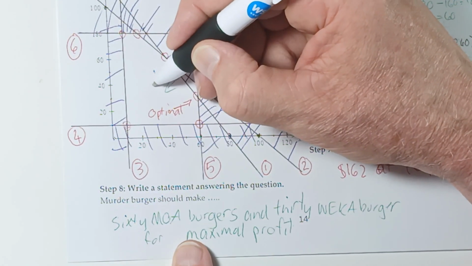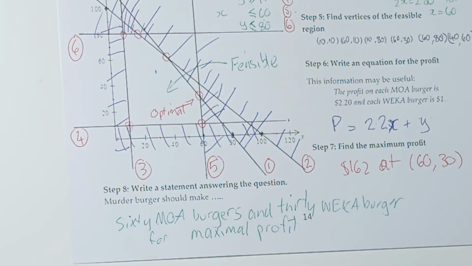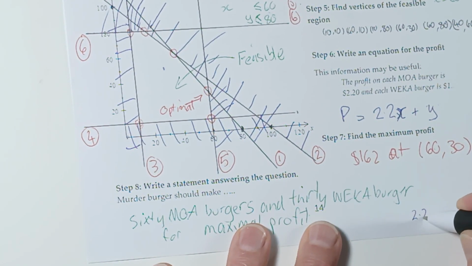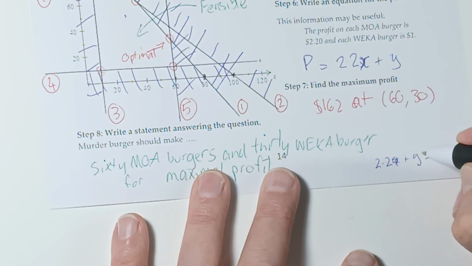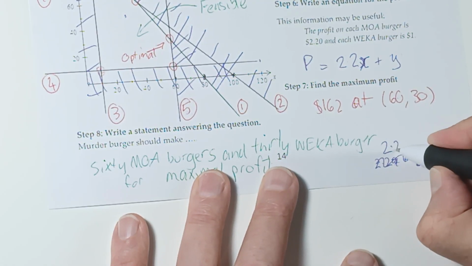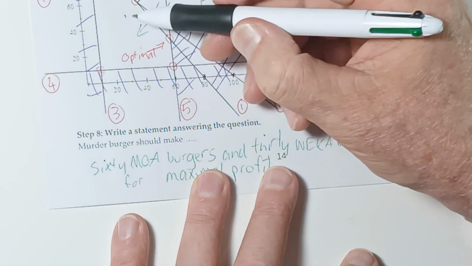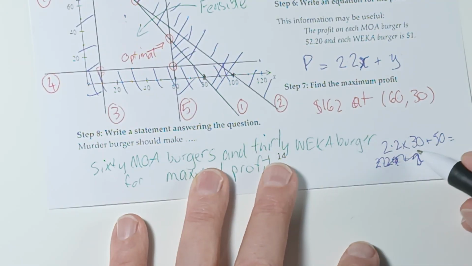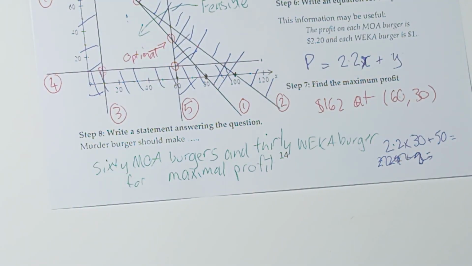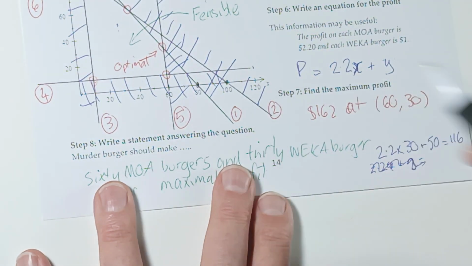Say, for example, let's try this one here, which is 30, 50, and we say 2.2x plus y equals, and we put in the values, 2.2 times 30 plus 50 equals, work out what that is, 30 times 2.2 is 66 plus 50 is 116. And then put this into the whole equation to draw a line.